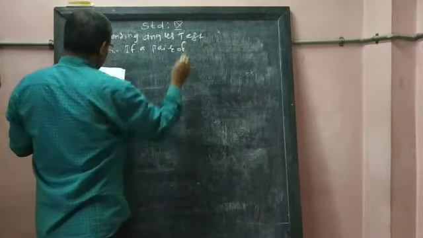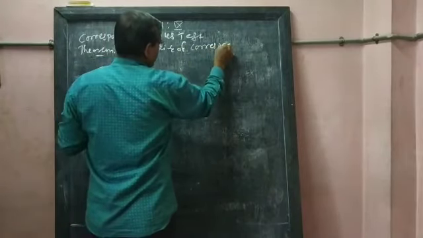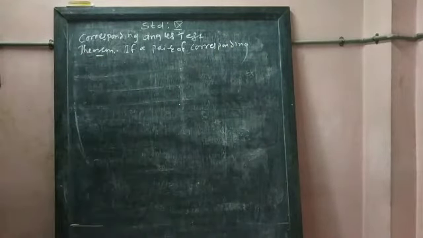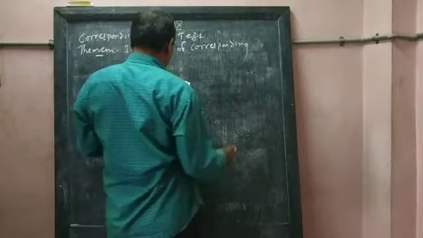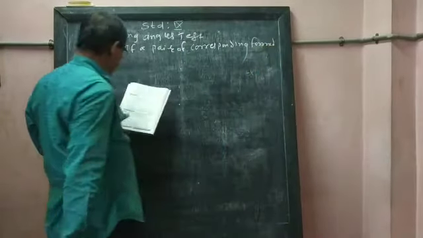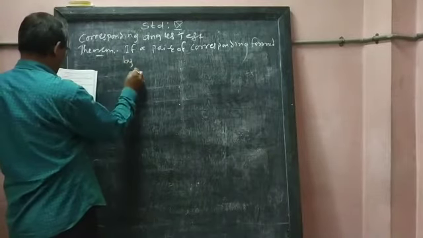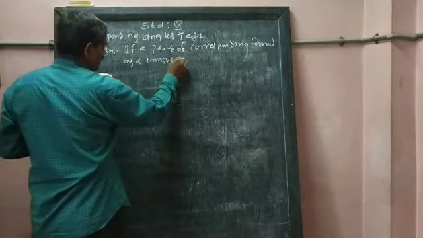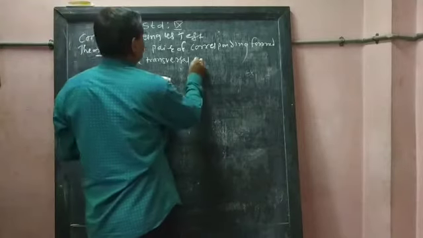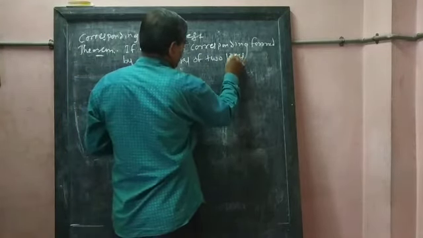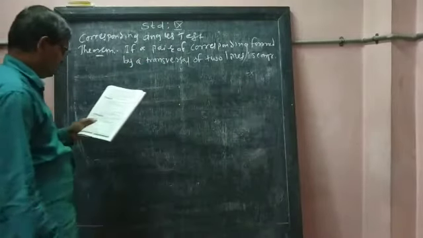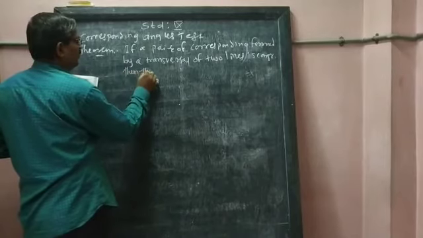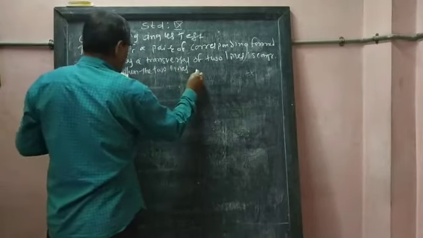If a pair of corresponding angles formed by a transversal of two lines is congruent, then the two lines are parallel.